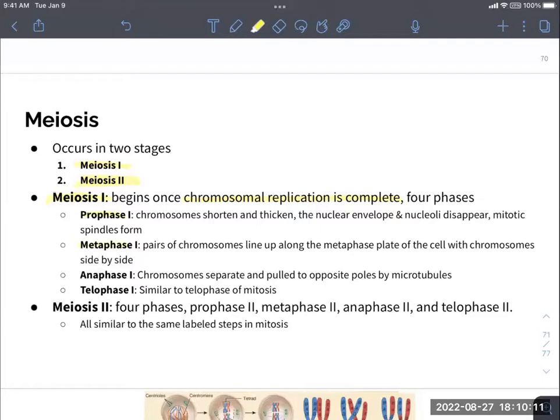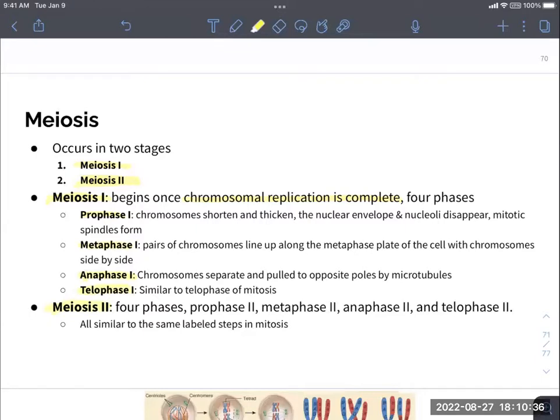Metaphase 1 is where those chromosomes line up along that metaphase plate of the cells, with chromosomes side by side. Anaphase 1, those chromosomes start to separate and they're pulled to opposite poles of those microtubules. Then our telophase 1 is similar to telophase of mitosis.